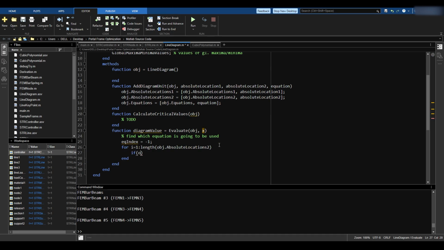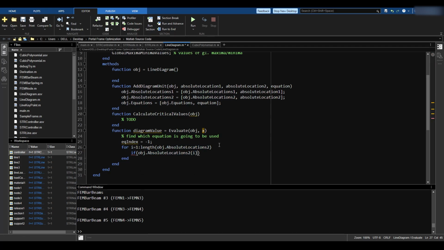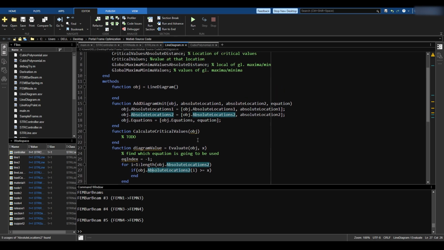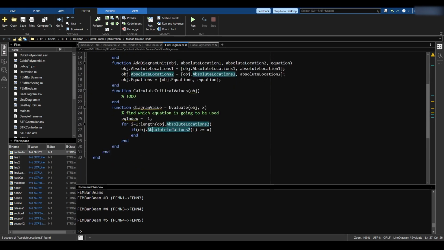If object.absolute locations 2 at i is more than or equals x, I should put an epsilon here somehow. You know what? I'm sick of putting epsilons here. So if the end of the equation is more than x, and by the way, the equations are sorted, then that's my equation.